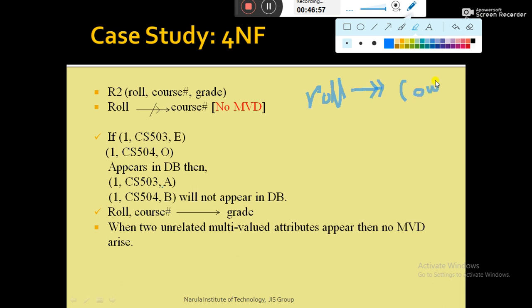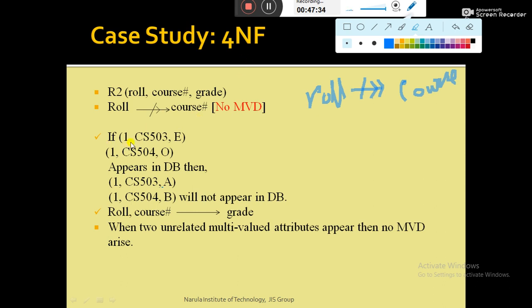Why? Now the question is why we can't write it: no multi-valued dependency actually exists. Even if a particular roll has multiple values of course, we still can't say that roll multi-determines course. Let me explain that concept.